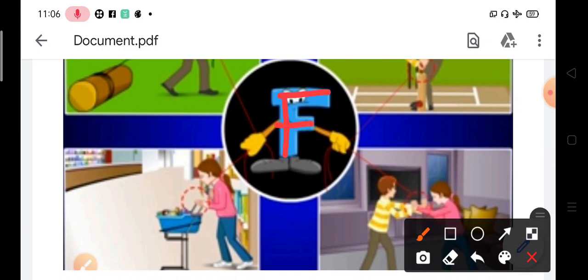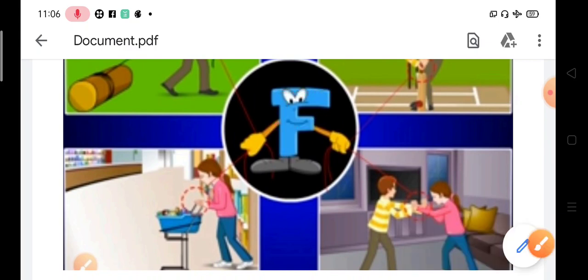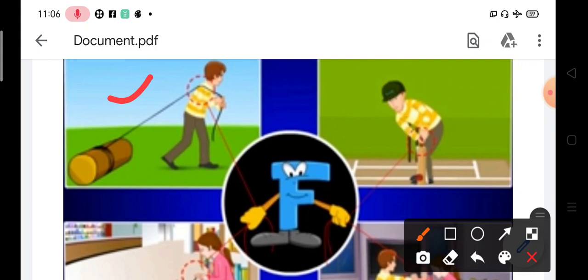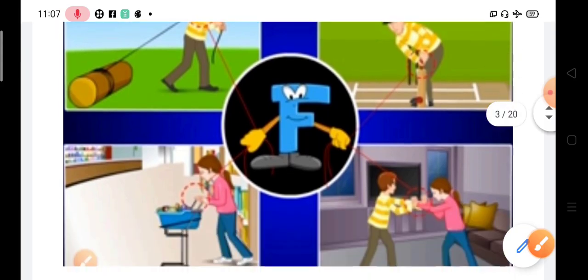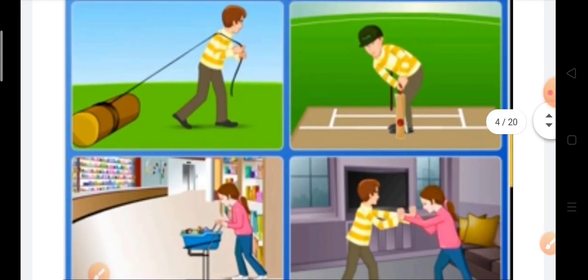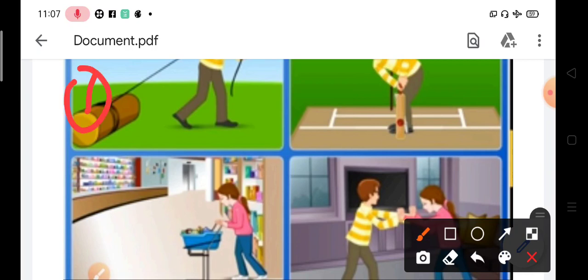That means here this boy is pulling, and over here they are pushing. So you can see clearly what these activities show.